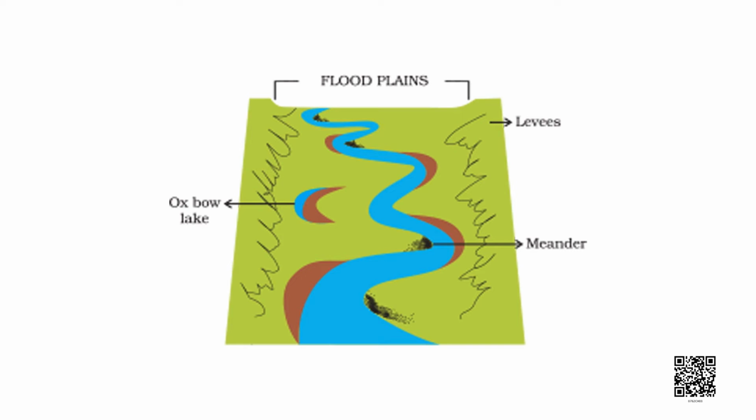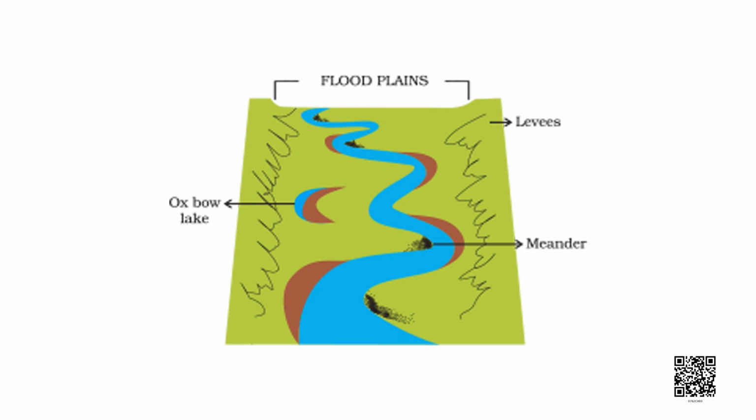Due to continuous erosion and deposition along the sides of the meander, the ends of the meander loop come closer and closer. In due course of time, the meander loop cuts off from the river and forms a cut-off lake, also called an oxbow lake.